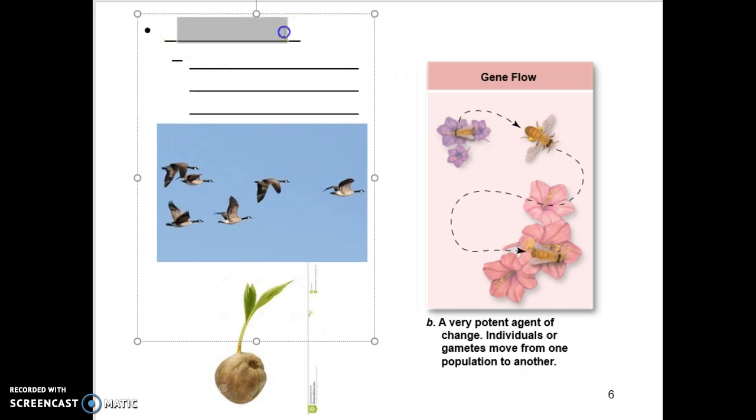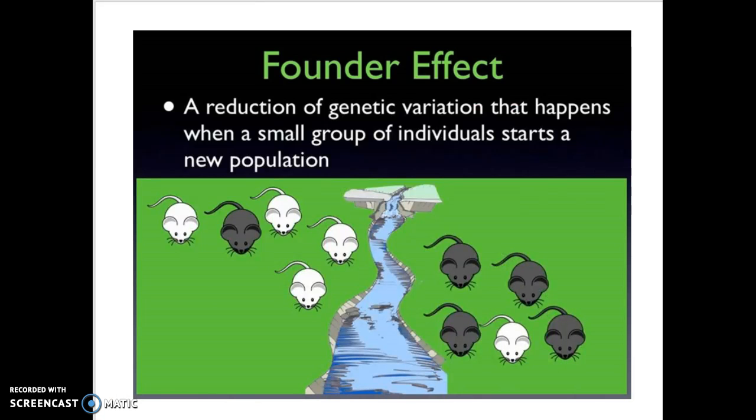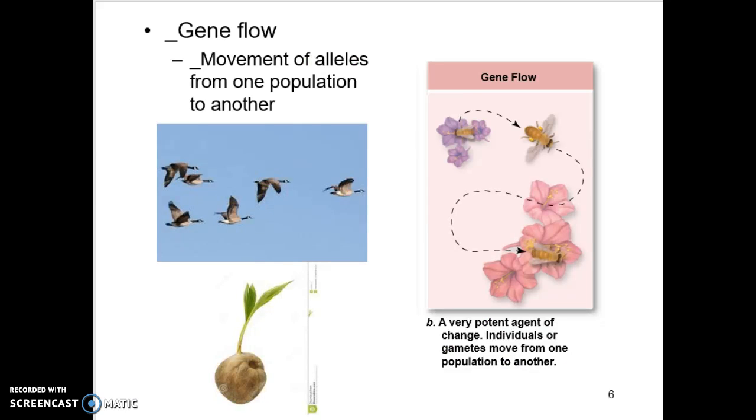Second factor, gene flow. Genes moving from one population to another. Now, this may or may not be present depending upon the type of species you're working with. Canada geese migrate every year.